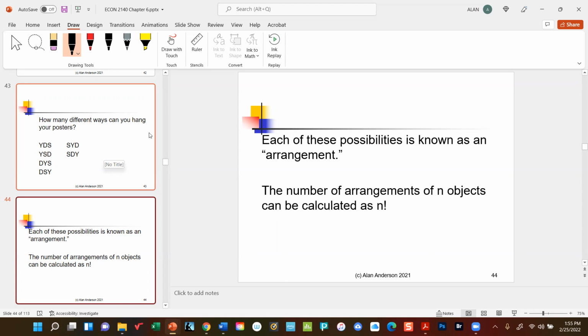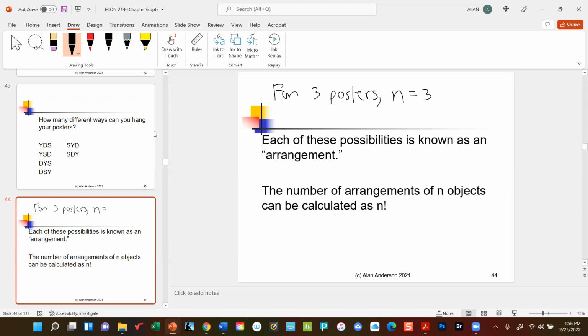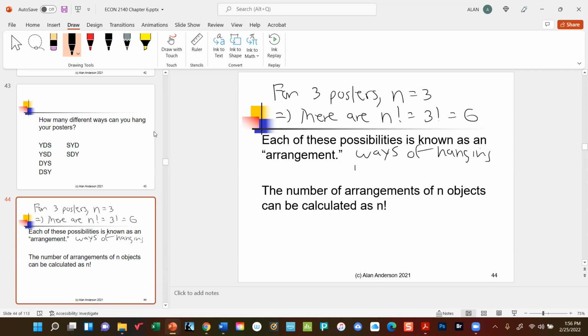So that implies that for 3 posters, n is 3, there are n factorial, 6 ways of hanging the posters, which is the same thing as saying 6 arrangements of the posters.